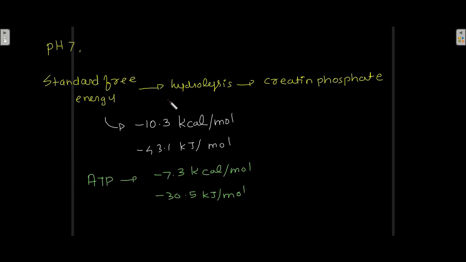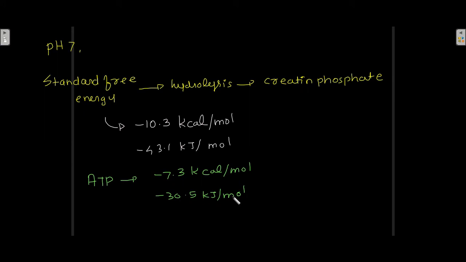Now at pH 7, the standard free energy of the hydrolysis of creatine phosphate is minus 10.3 kilocalorie per mole and minus 43.1 kilojoule per mole as compared to ATP, which is just minus 7.3 kilocalorie per mole and minus 30.5 kilojoule per mole.